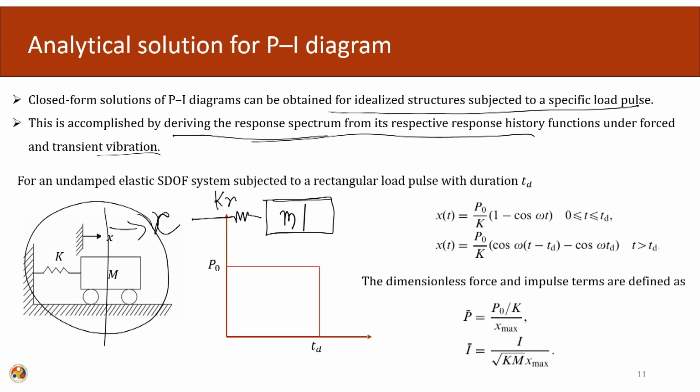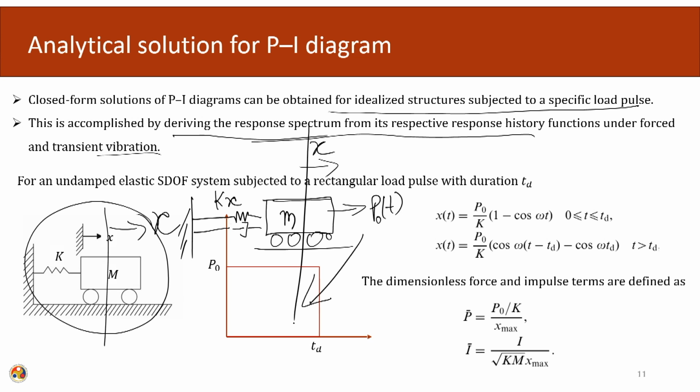Then we have the stiffness component and the damping component, and it is on a roller. This is the chosen degree of freedom and this is the equivalent forcing function. So in the free body diagram, this is kx, this is P naught t, and this is our damping component.